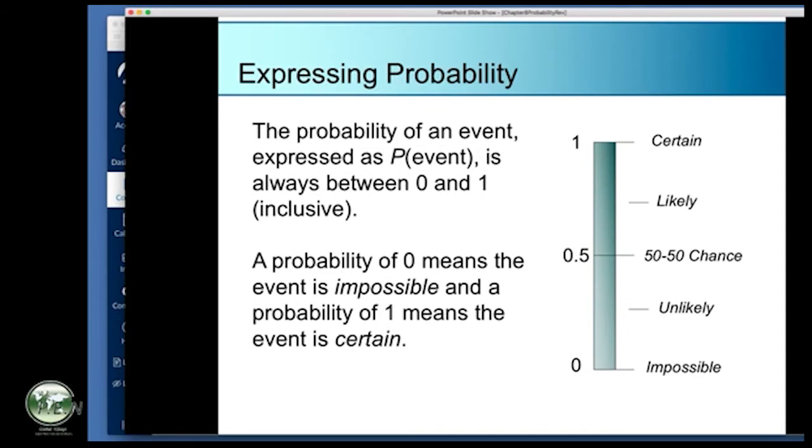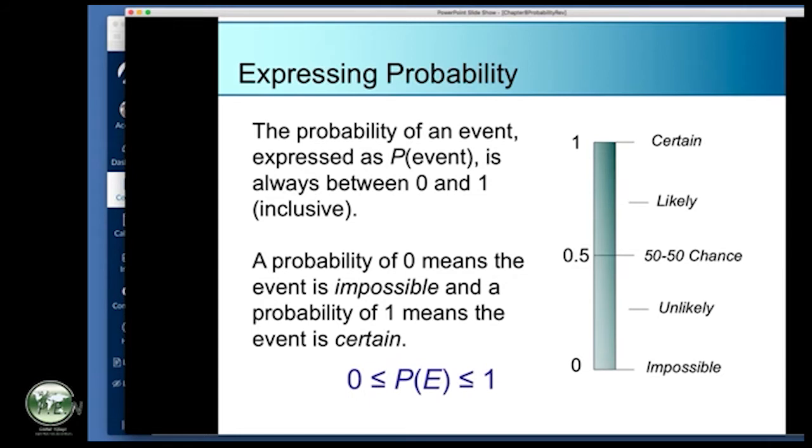Less likely below 0.5, more likely above 0.5. That's how we go about life. So far, so good? So probabilities will be between 0 and 1, which also means 0 and 100%. Which means the top of the fraction will always be smaller than the bottom of the fraction, or equal to, right? That's how it's going to work.